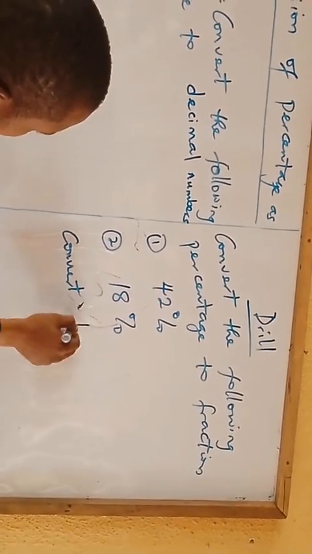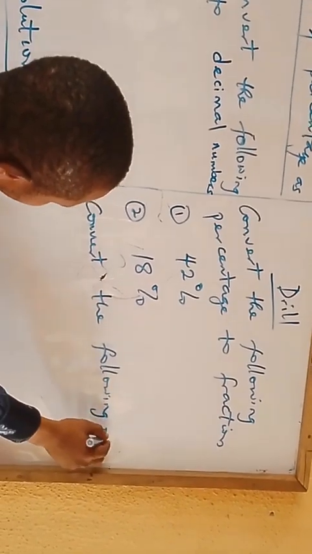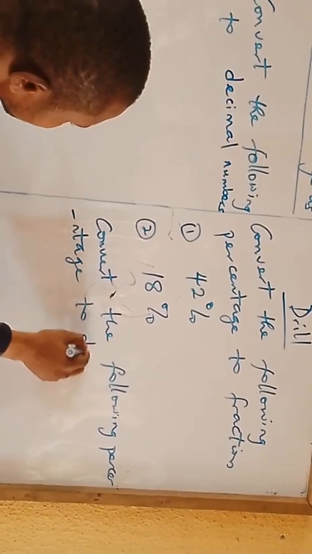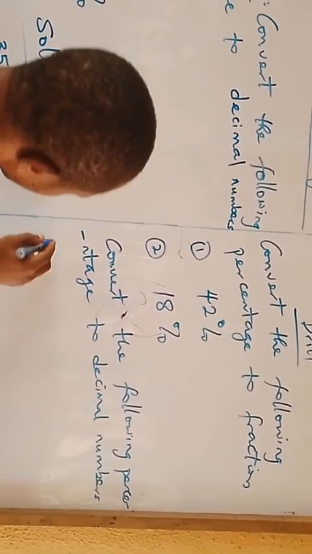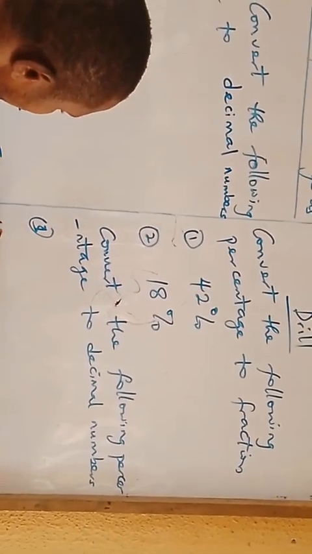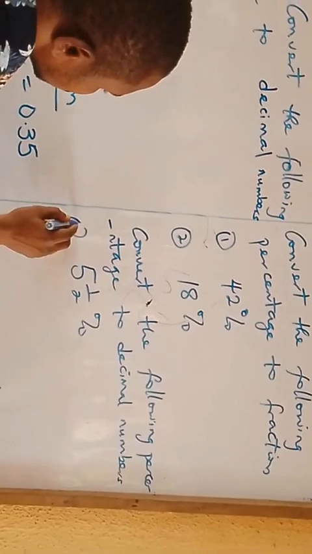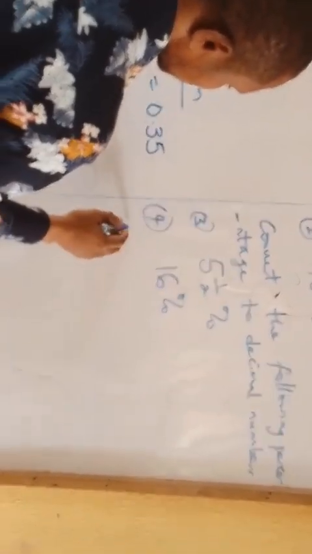Likewise, convert the following percentages to decimal numbers. Number 3, you have 5 whole number, 1 over 2%. Then number 4, you have 16%.